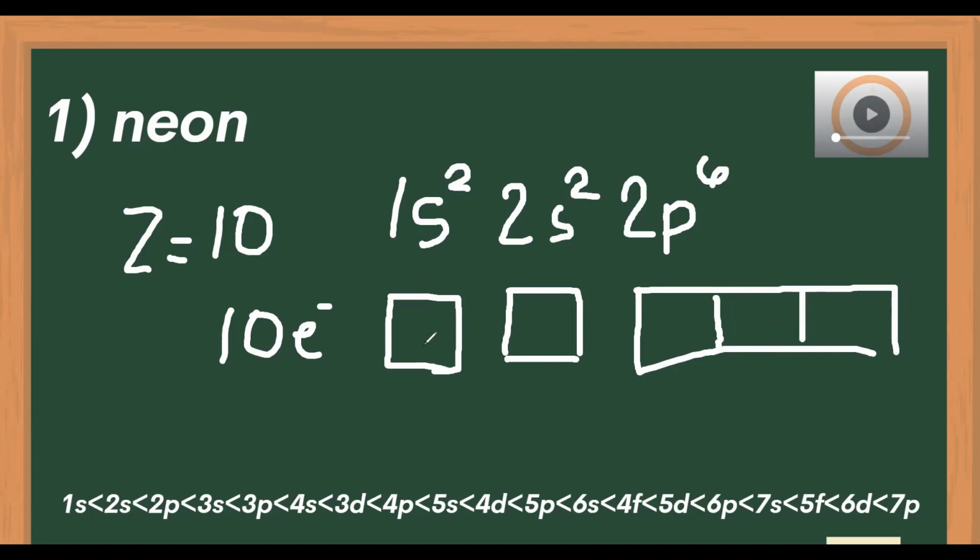Using Hund's rule, again, we have to occupy first all the orbitals before we write. There you go. So this is the orbital representation of neon, and this is the electronic configuration. All right, so now let's proceed to another one.